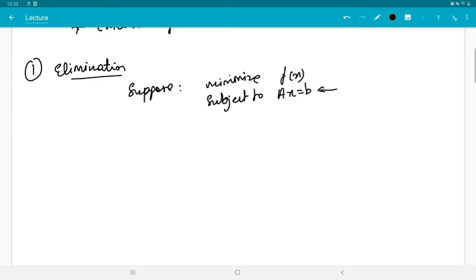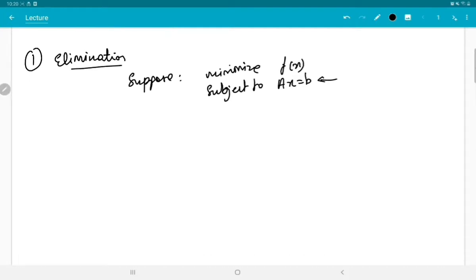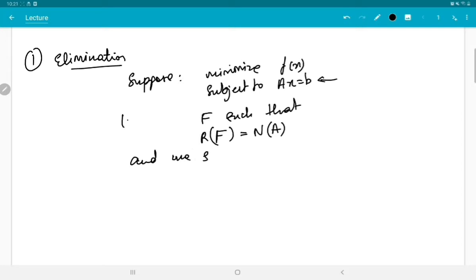I think we have seen this in one of our previous videos, where we introduce another matrix F such that the range of F is equal to the null space of A, and we solve this problem.